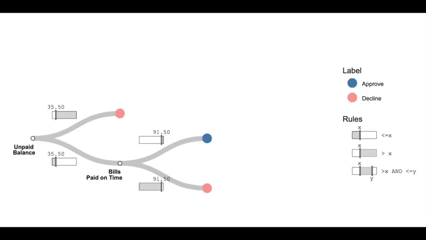One way to describe this process is through the use of a set of rules, as shown in this branching system. Using the credit card application example again, the way the machine learning model makes the decisions can be described by the set of rules. We have 3 rules in this diagram.